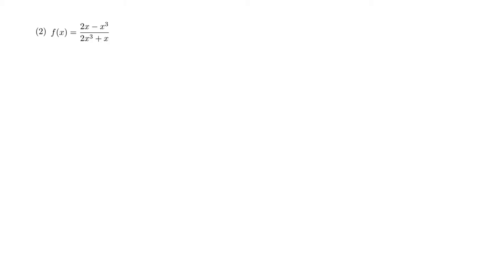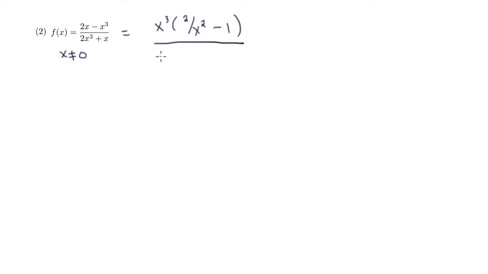So here we're going to follow the same strategy. We're going to rewrite this function, assuming that x is not equal to 0, in a special way. So I'm going to factor out the highest power of x. So I'm going to be left with x cubed, that's the highest power of x, times (2 over x squared minus 1).